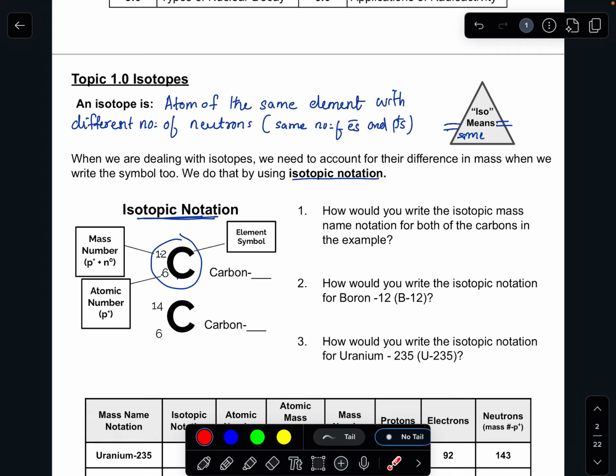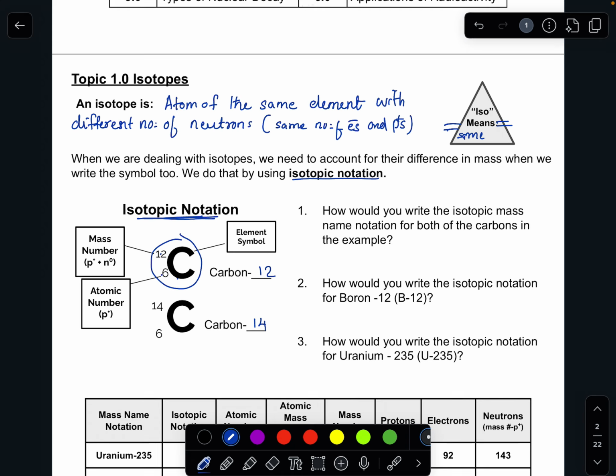If you want to write the name, you have to write the name of that element, then look at the mass number. You are going to write that there. So it will be carbon-12, and this will be carbon-14.